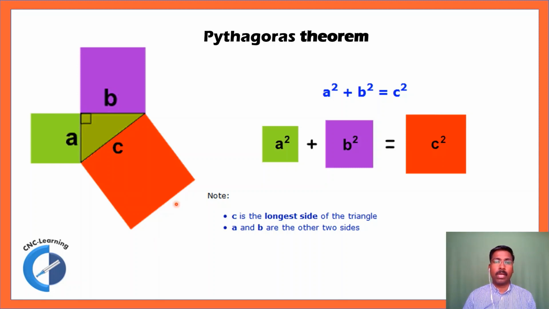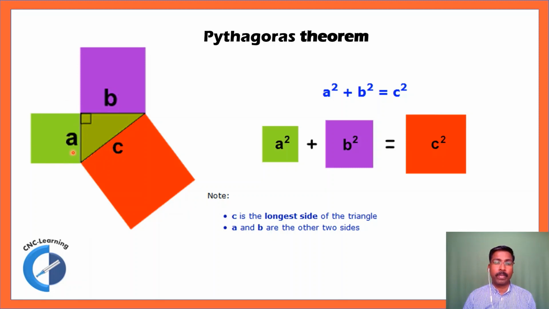Now, the equation used for this purpose is Pythagoras theorem. Pythagoras theorem says for a right angle triangle, the area of the square formed by the largest side is equal to the sum of areas of squares formed by the smaller sides.